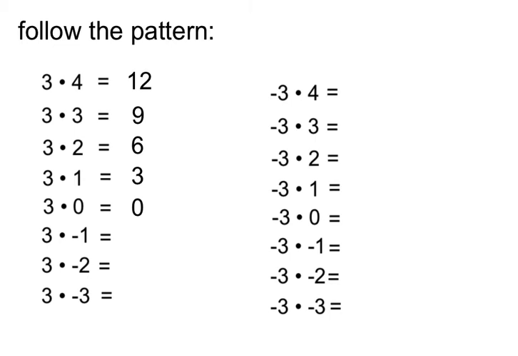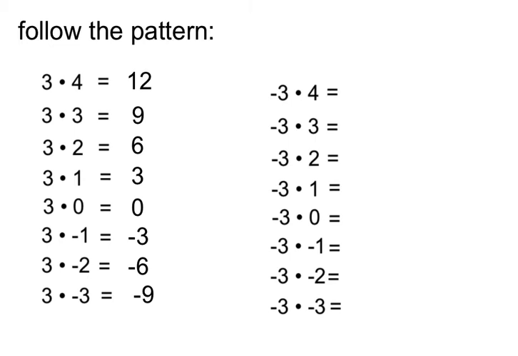So 3 times negative 1 would actually mean to have negative 1 threes. You basically subtract a 3. So 3 times negative 2 would be negative 6, and 3 times negative 3 is negative 9.